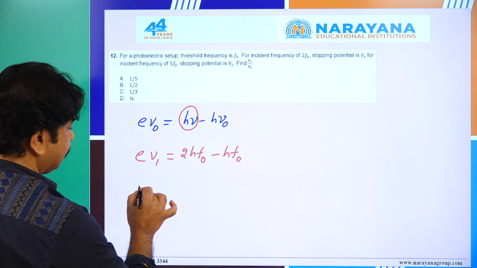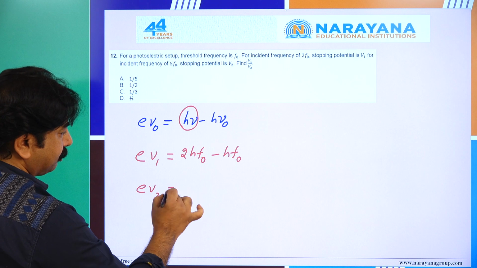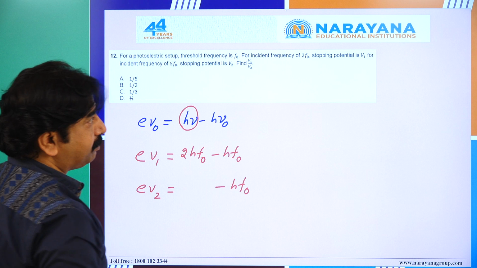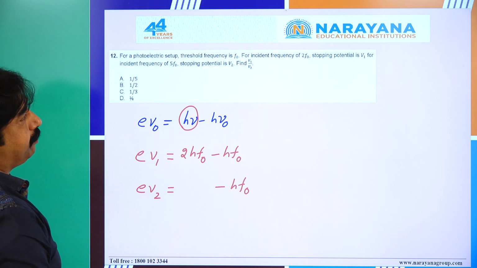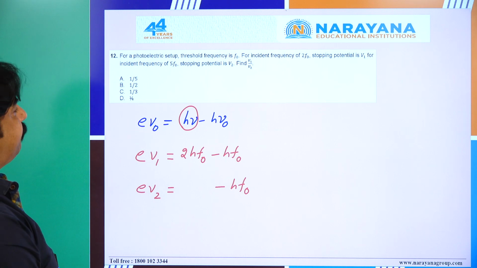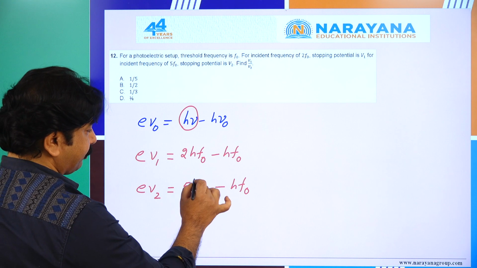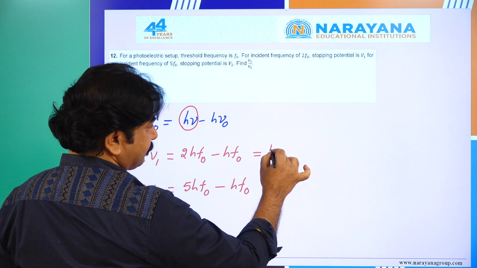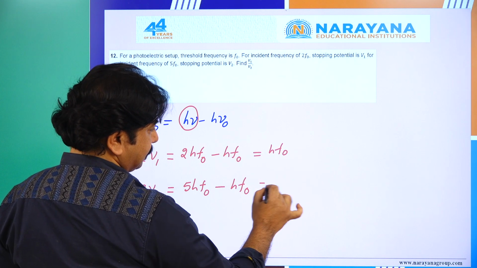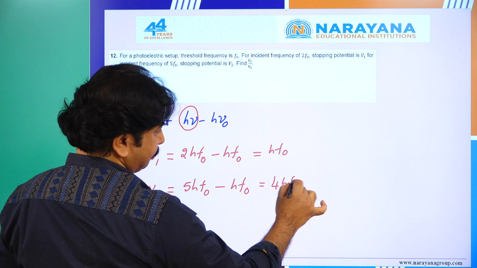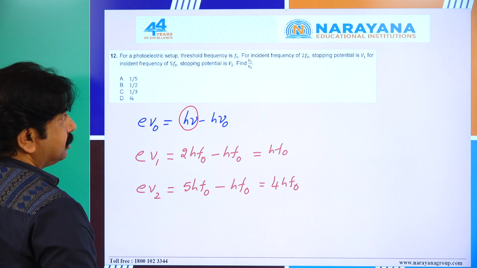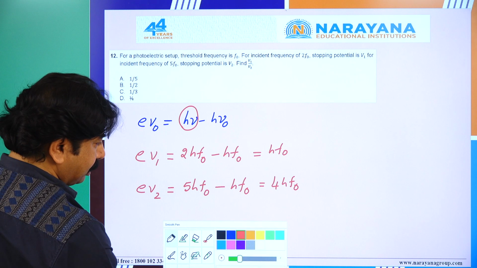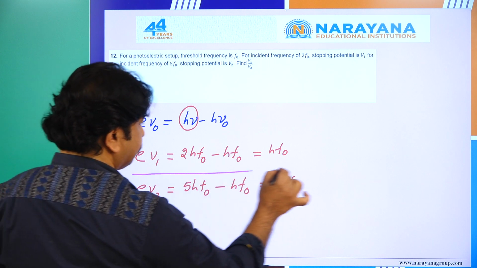In the second case, eV2 is equal to minus hF0, as the work function remains the same since the material is same, and incident frequency is 5F0, so this becomes 5hF0. So the result of the first one is hF0, the second is 4hF0. So they are asking about V1 by V2, so directly you can calculate that also.